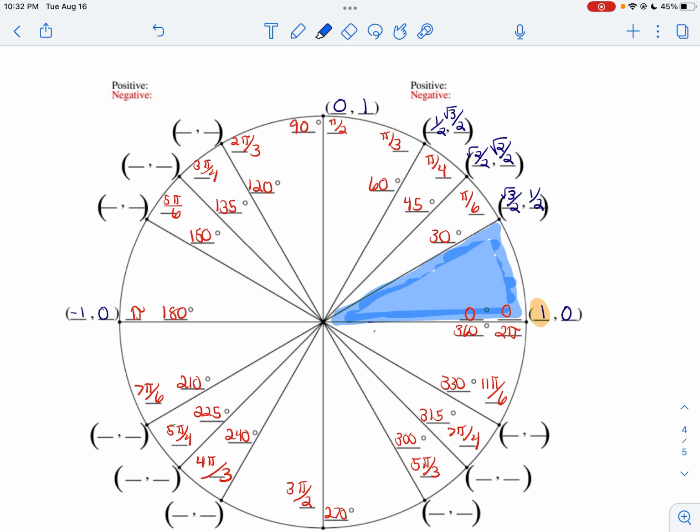Now remember from last video, your reference angle in quadrant 1 is equal to your original angle. So my reference angle here is going to be equal to my 30 degrees. Let me highlight that again. So my reference angle here is going to be equal to pi over 6.